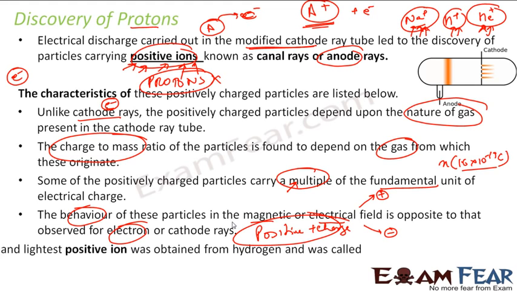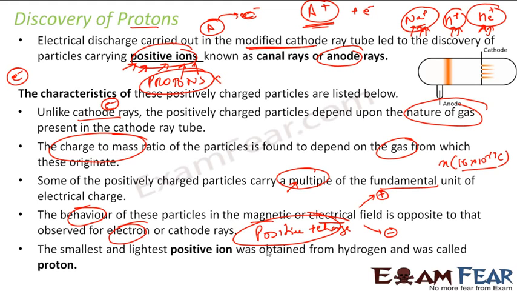Then they did the same experiment for the lightest ion, and they knew the lightest atom is hydrogen. For the hydrogen ion, H plus, whatever they got, they called that a proton, because the hydrogen ion has only one proton.